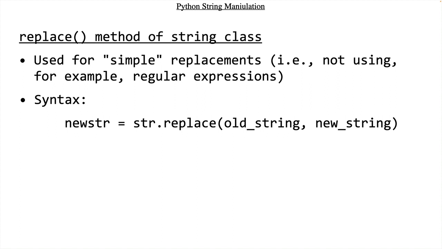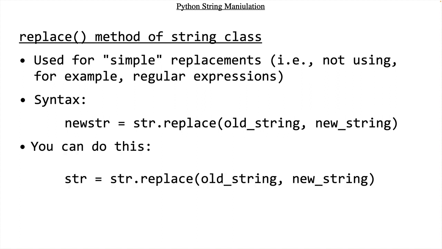Whatever the result is of doing that replace in this example would be assigned to new string. Now we can repeat the string on the left-hand side of the assignment statement. So we can take a string, call the replace method on it, and whatever the result is, we can stuff that back into the original string, in this case str.